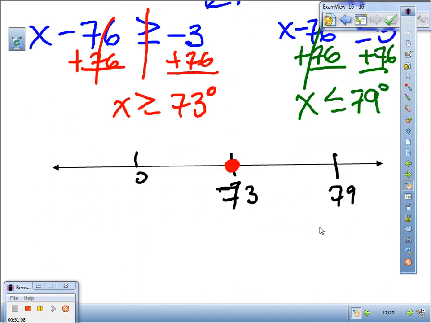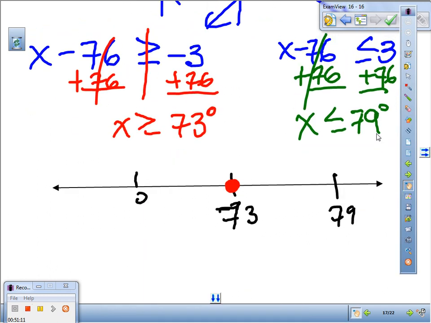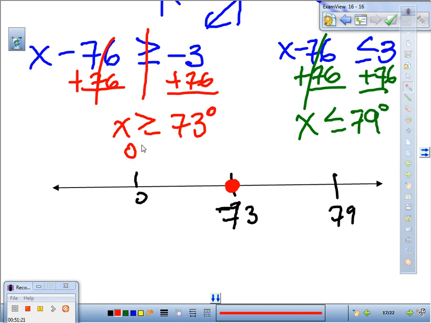Now, this is where some of you continue making a mistake. Look up, please. Some of you just go, oh, it's going this way. No. Test a point. Which point do I always use? 0. So let's see. Is 0 greater than 73? It's false. So I'm not going to shade towards 0. That means I'm going to shade the opposite direction.